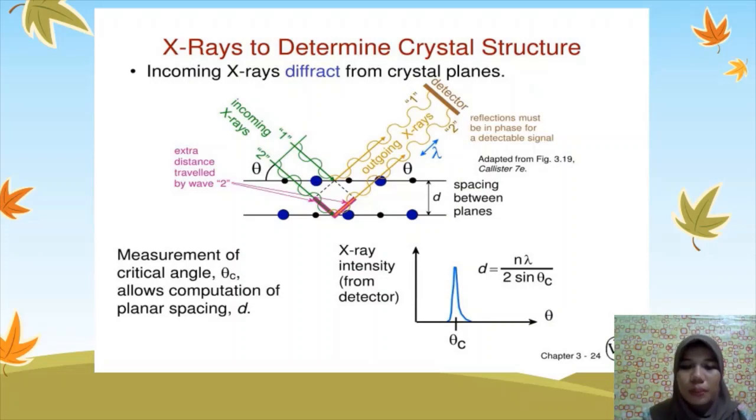The peaks are referred to theta C. So, from the Bragg's law equation, we can calculate D equal to n lambda over 2 sin theta C. Sin theta C allows the computation of the planar spacing.